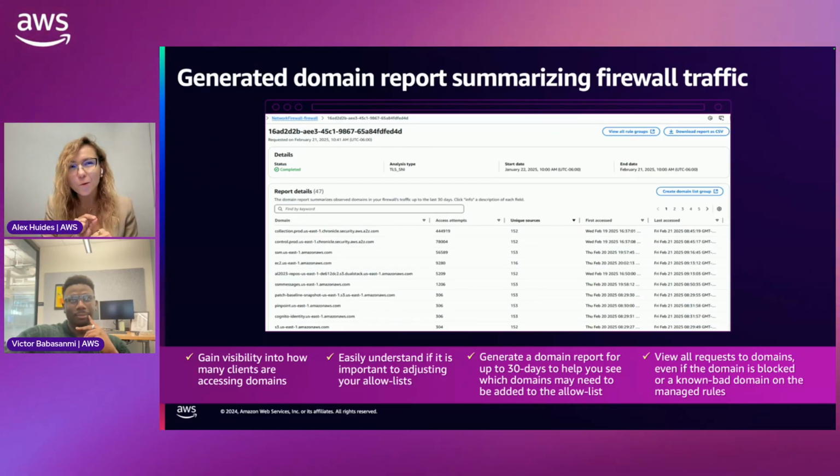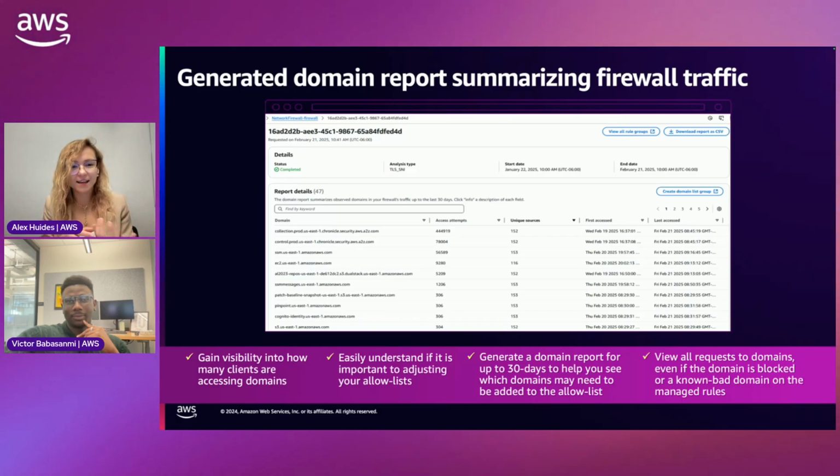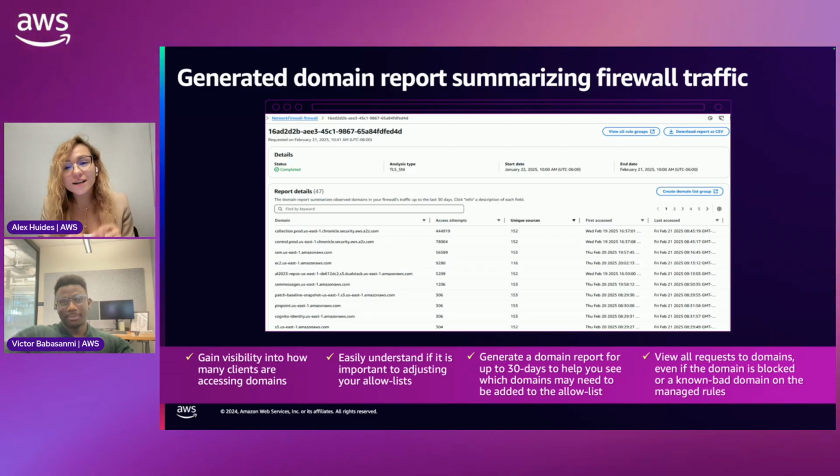And here's why this is important. So many customers are asking us when we're talking about DNS Firewall, okay, but what if DNS resolution is bypassed, right? So these are two tools that work together, because if the client somehow finds out the IP address of the destination, you want to be able to filter that traffic, right?